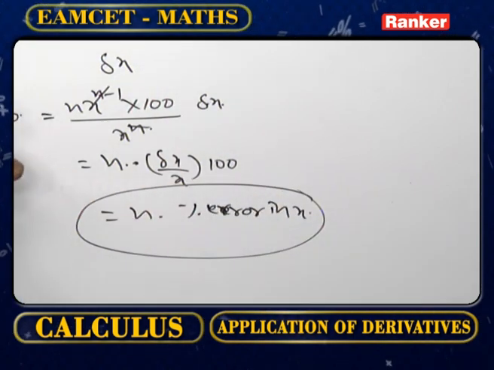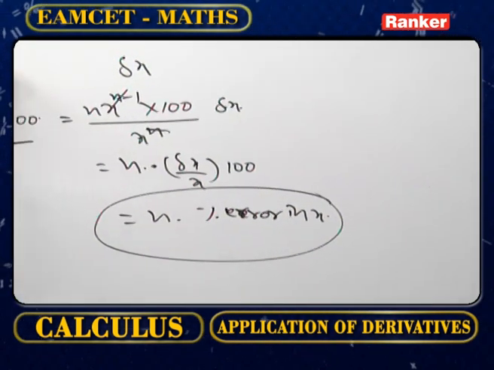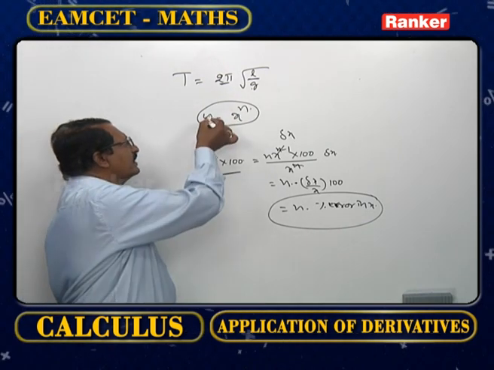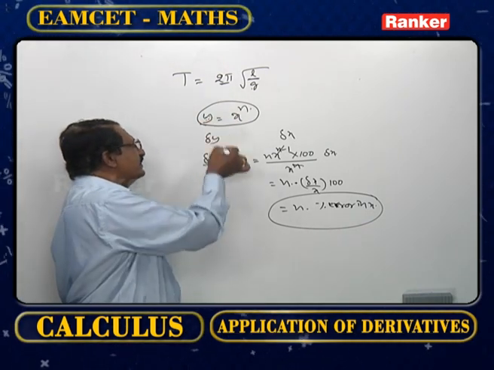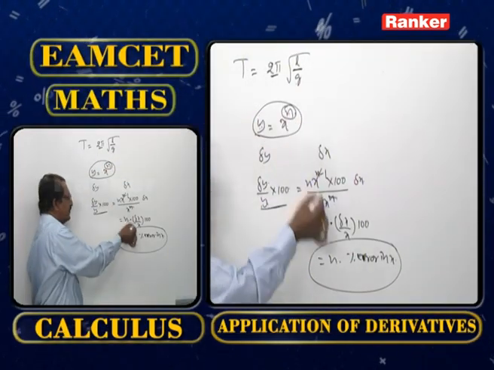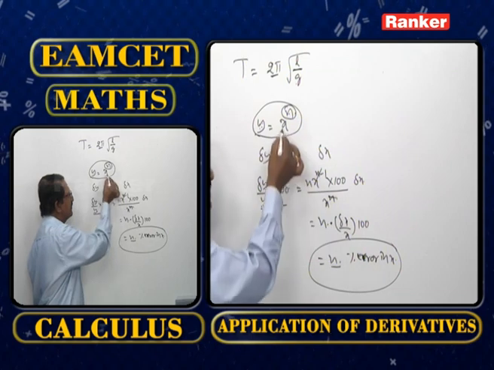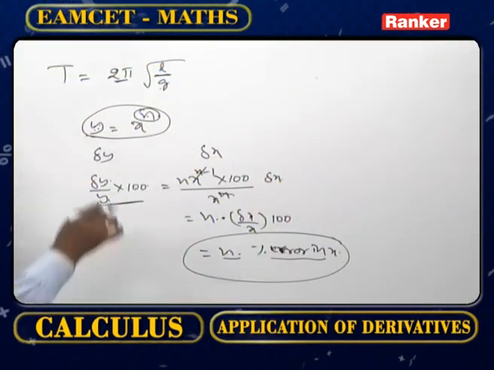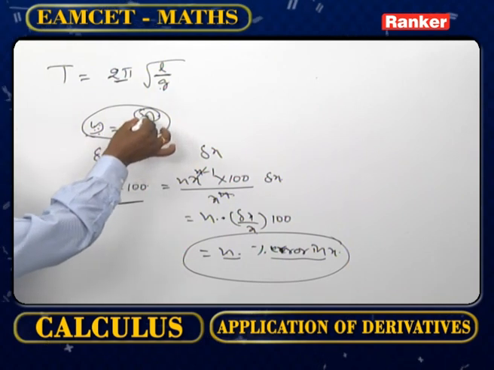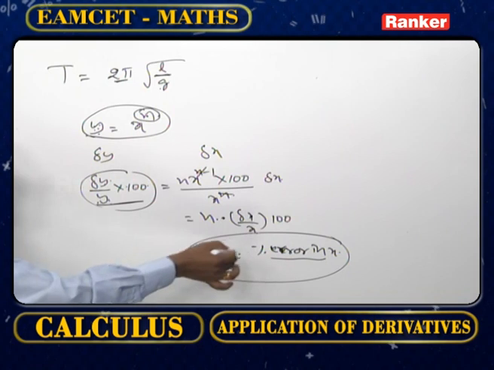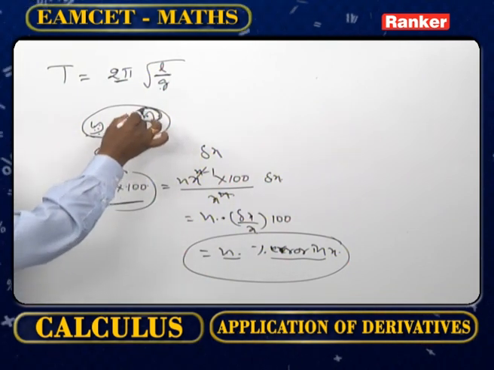So if y equals x power n, then percentage error in y equals the exponent of x into the percentage error in x.